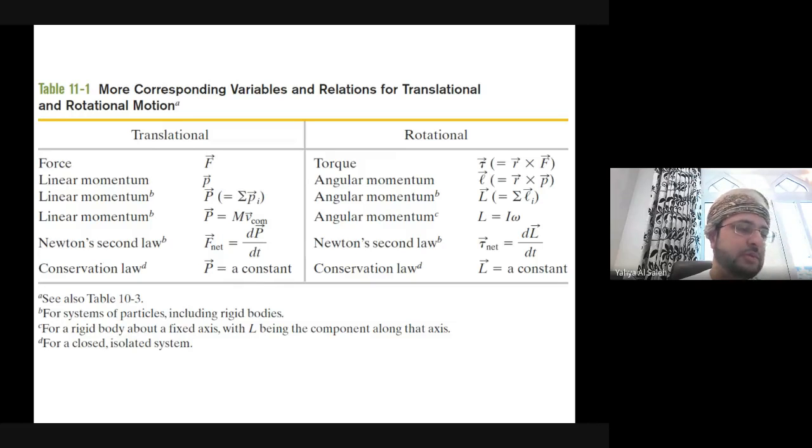Yes, Azan, in the gym also the angular velocity increased.